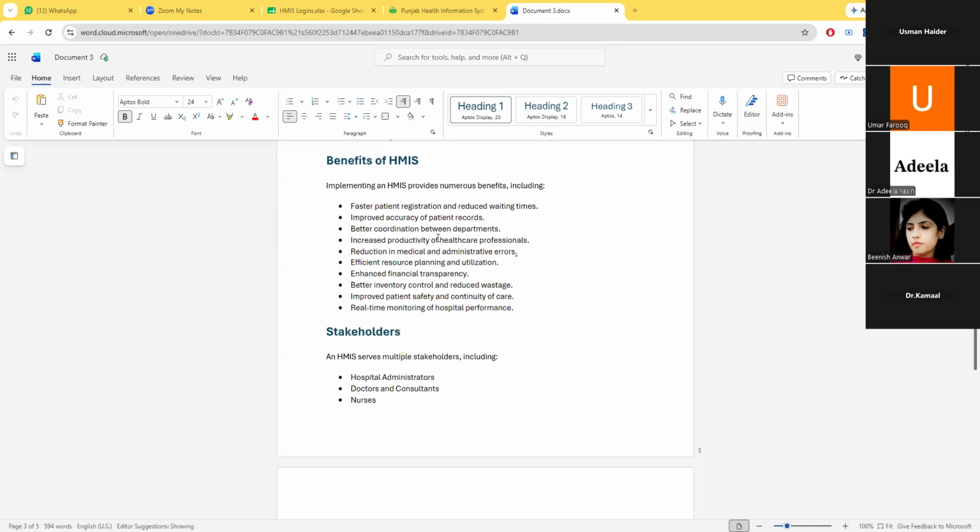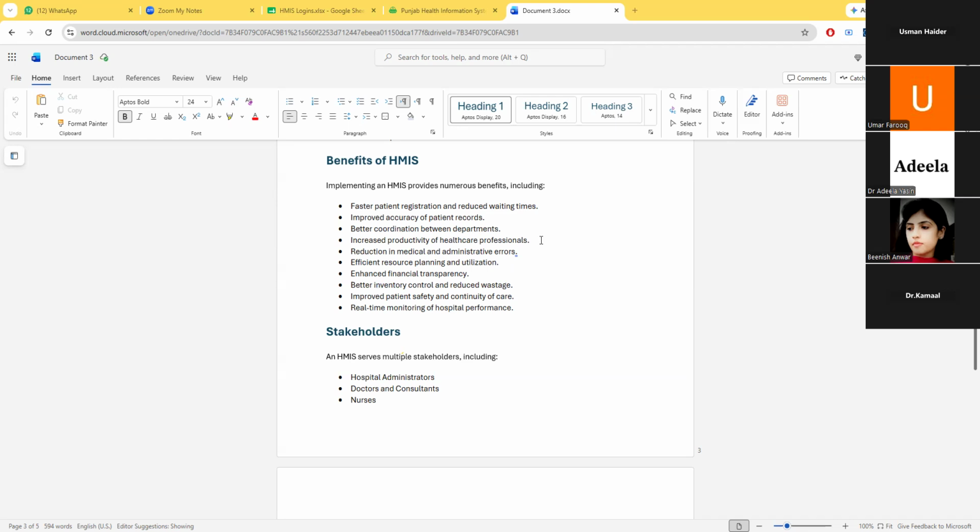For example, if your hospital is not providing the CT scan or the X-ray facility, you can refer that patient to the other hospital with the recommendation of that specific X-ray or those specific studies, and the patient visits that hospital. The hospital already has that record of the patient, which was sent by your organization, and on the basis of that, they can give the facilities to that patient.